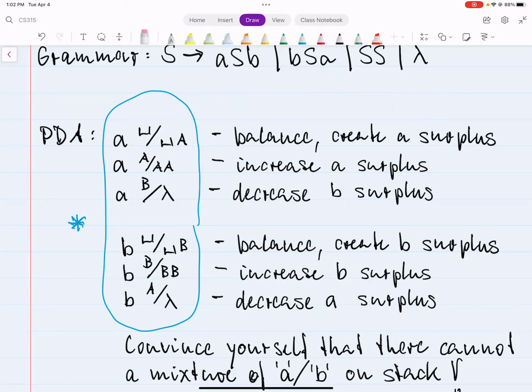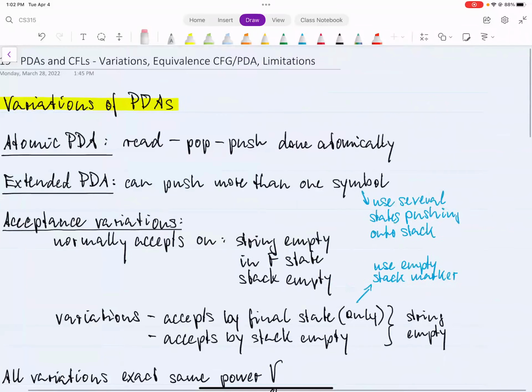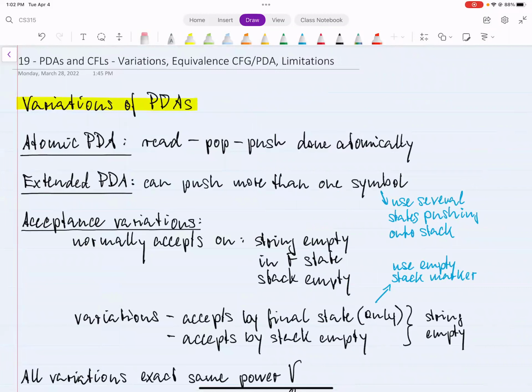Okay. So last question on this extended thing. Do you think we can have something like that? How about that extension? So you look at the stack and you see ABC.